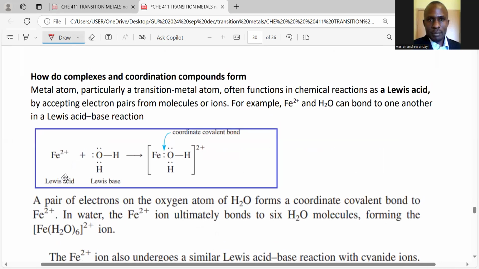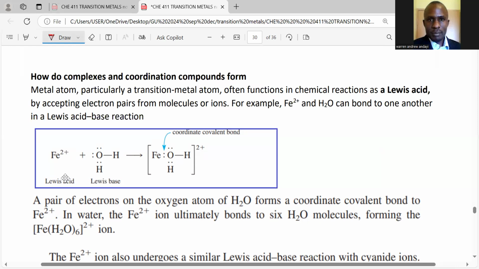Now, how do complexes and coordination compounds form? Metal atoms, particularly transition metal atoms, often function in chemical reactions as Lewis acids by accepting electron pairs from molecules or ions.